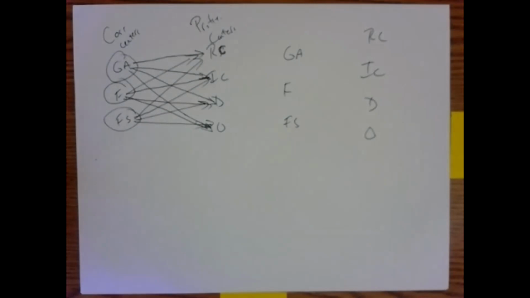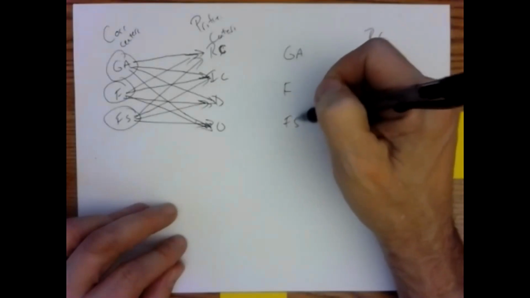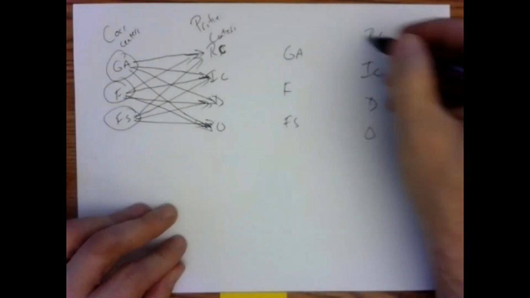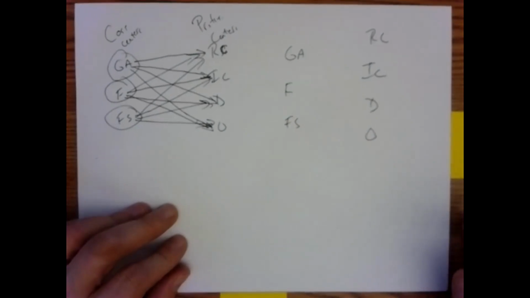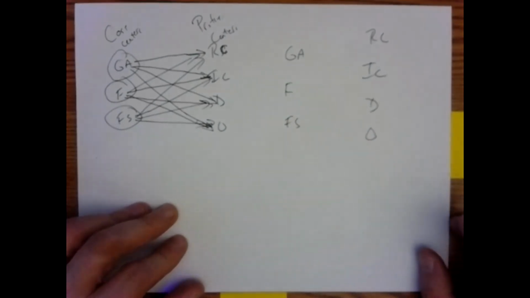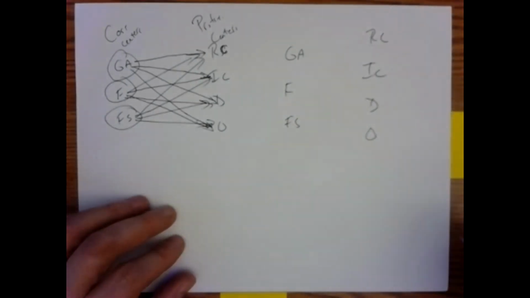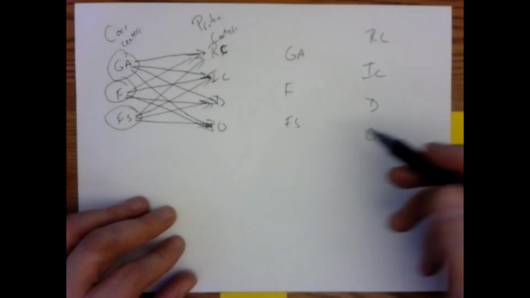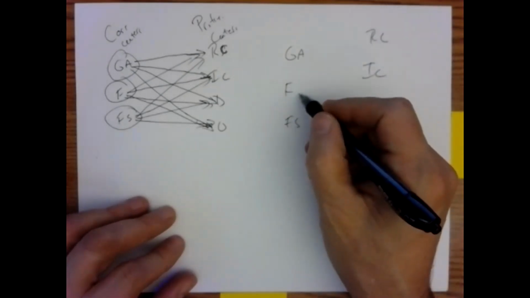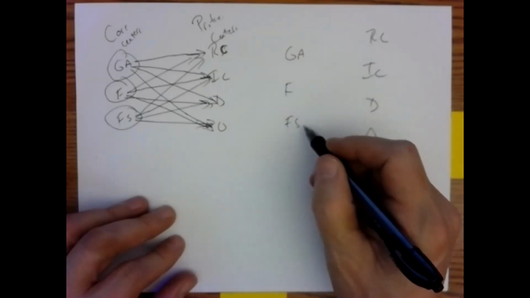Now, if we were going to do full reciprocal, we would consider a relationship between each of the support centers as well as their relationship with the cost centers. We're going to do step down. So what we're going to assume is sort of a hierarchy of support. And order matters. So we're going to assume general administration provides support to all of the profit centers, but it also provides support to facilities and financial services.